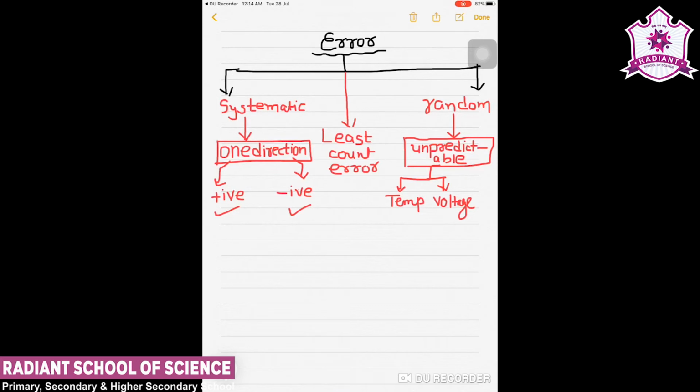If there is a vibration in it, all these are unpredictable errors and they are called random errors. So systematic errors we can predict, so they are predictable.